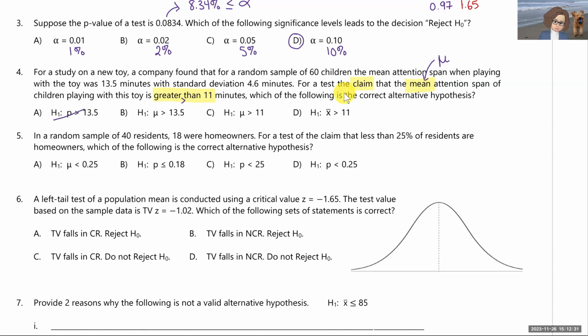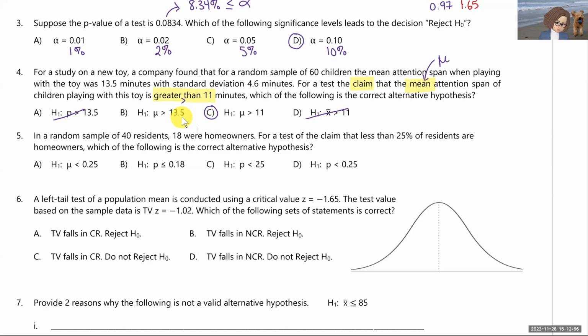And notice down here, a hypothesis can't have a sample mean. The sample mean is something that we know. We don't hypothesize about it. Hypothesis testing is always about parameters, population parameters. So that one's out. And then finally, I think we have our answer, mu greater than 11.